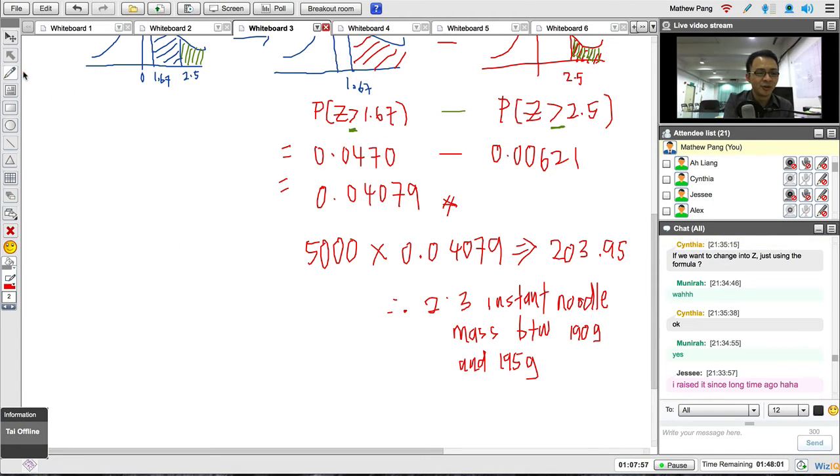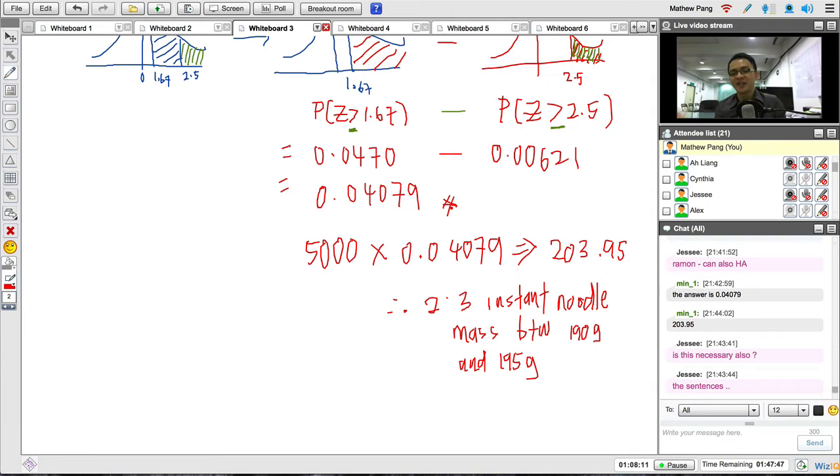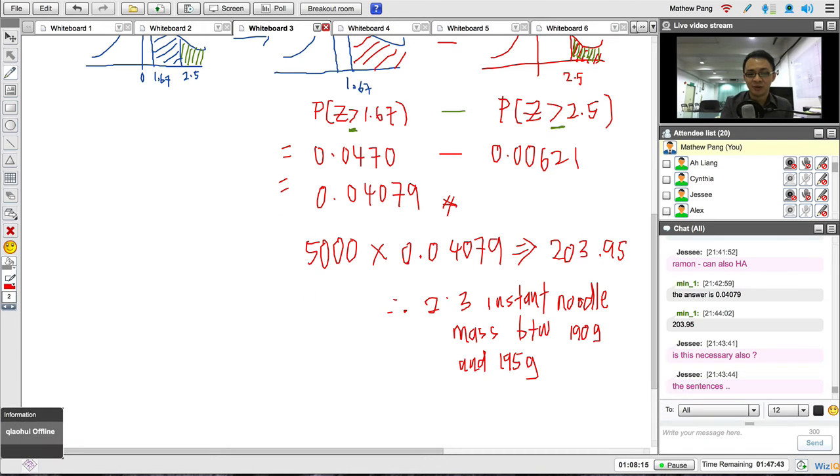So over here, the 0.04079 can help you to find the number of instant noodles that have the weight between 190 gram and 195 gram. You just multiply the number they give you. So in this case, 203 instant noodles will have this mass.